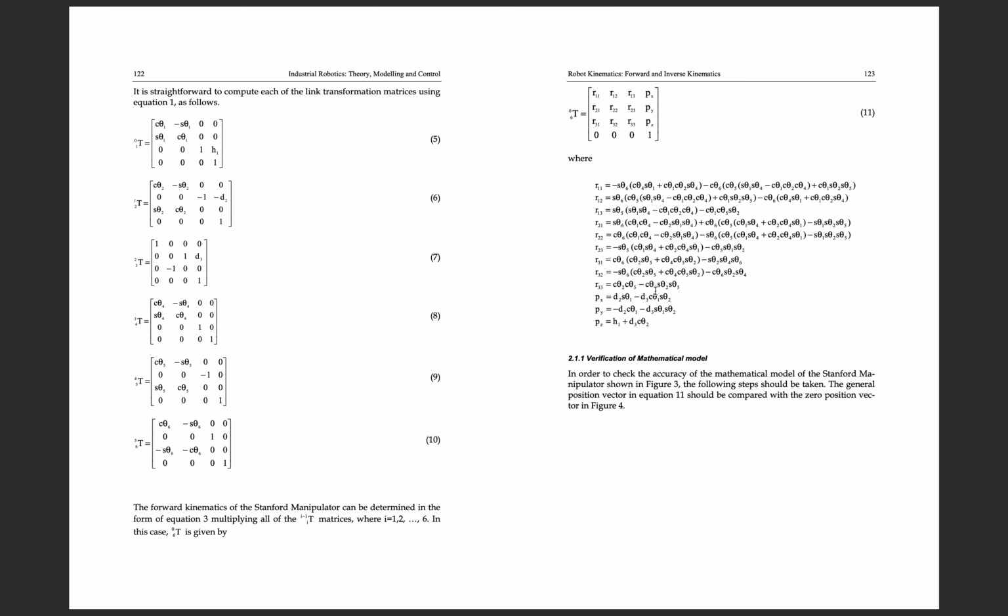You can see that theta 1, theta 2, of course, have played a role there, and we have d3, but in total this is the positional and this is the rotational part of the end effector reference point.